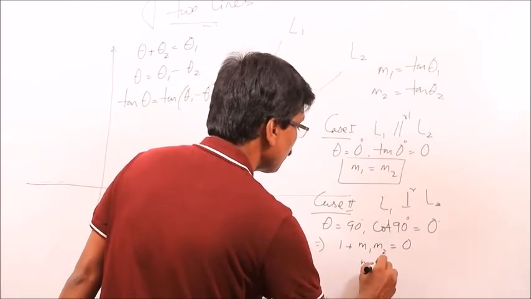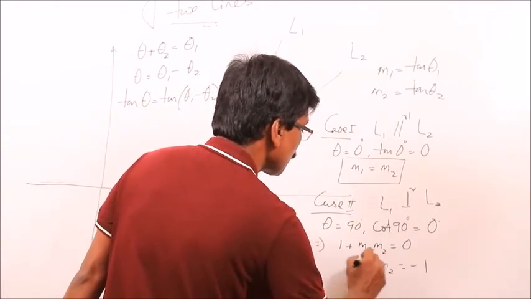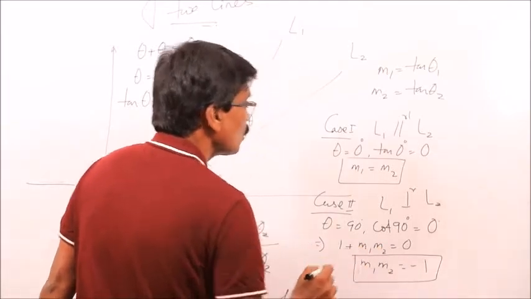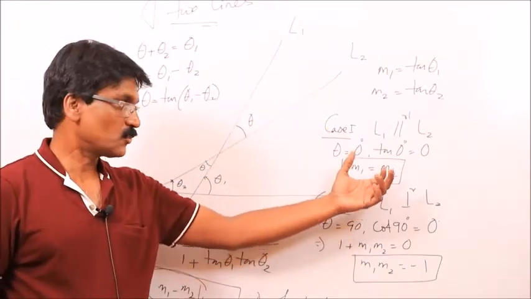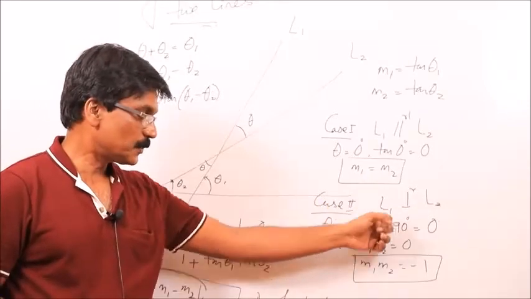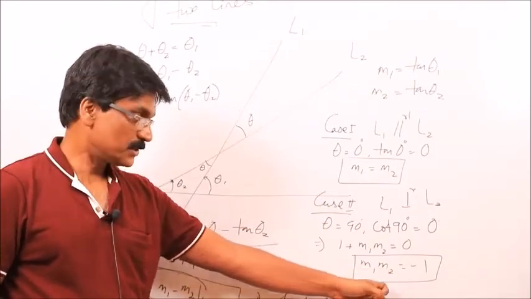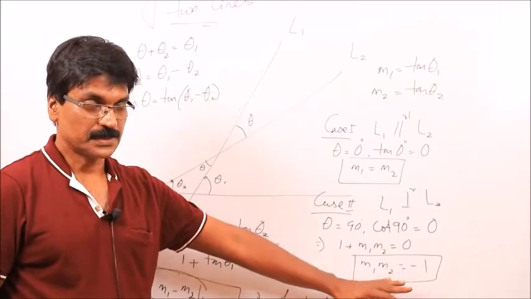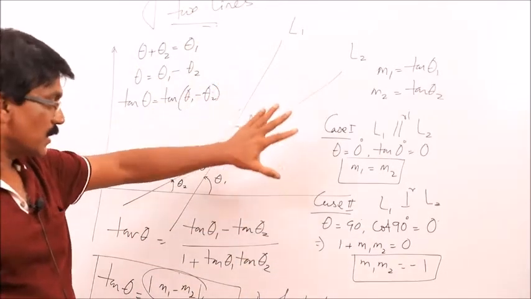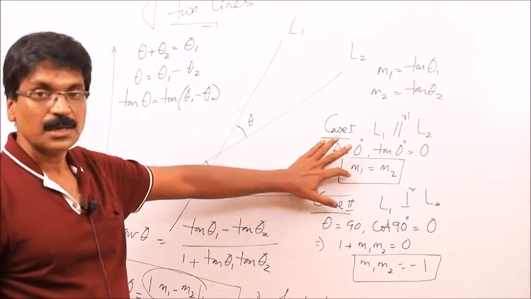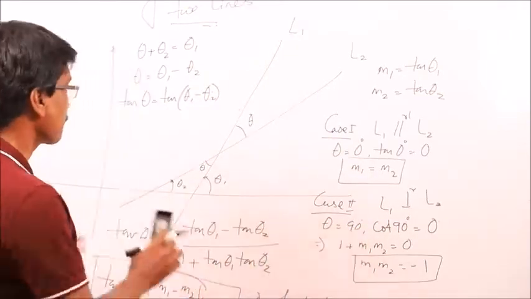So m1 m2 is equal to minus 1. That is the condition that two lines are perpendicular. So if two lines are parallel, their slopes are equal. If two lines are perpendicular, product of their slopes is equal to minus 1. So we have angle between two lines and condition they are parallel and condition they are perpendicular.